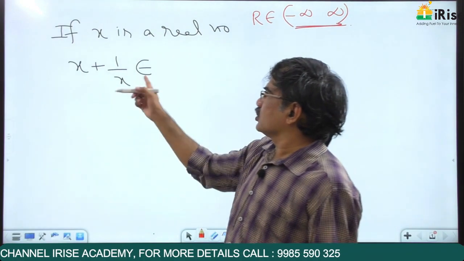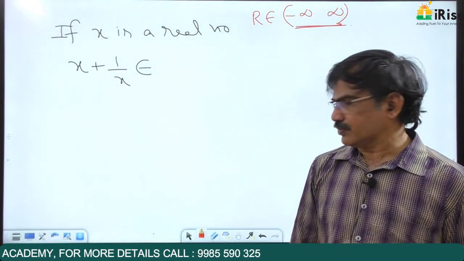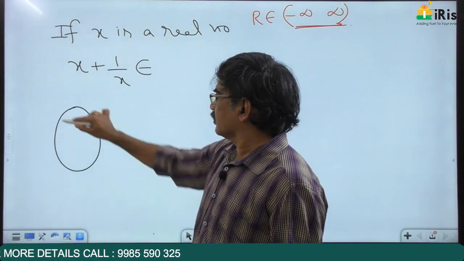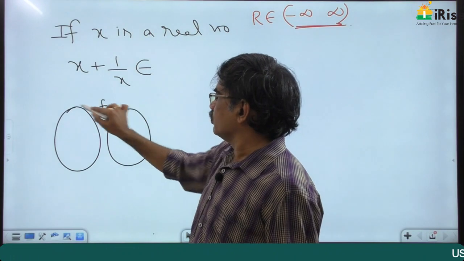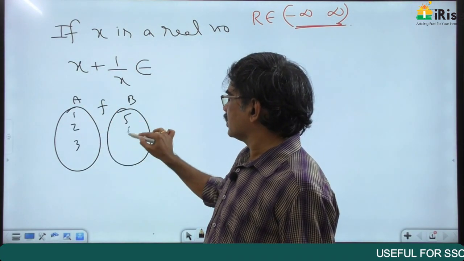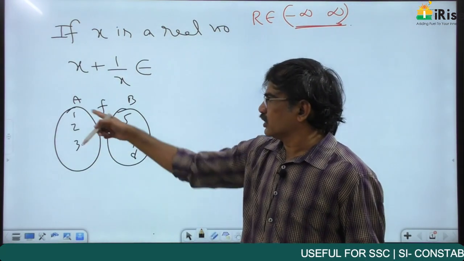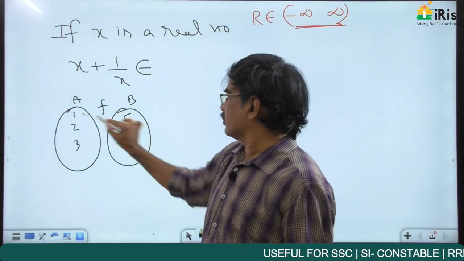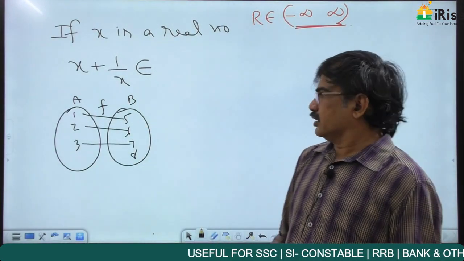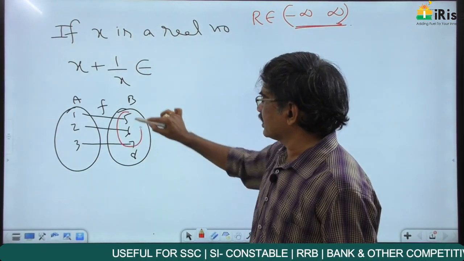Then what about the range of this? First, what is the meaning of a range? If this is a function from A to B, with elements 1, 2, 3 in the domain and 5, 6, 7, 8 in the codomain, here the range is nothing but 5, 6, 7.